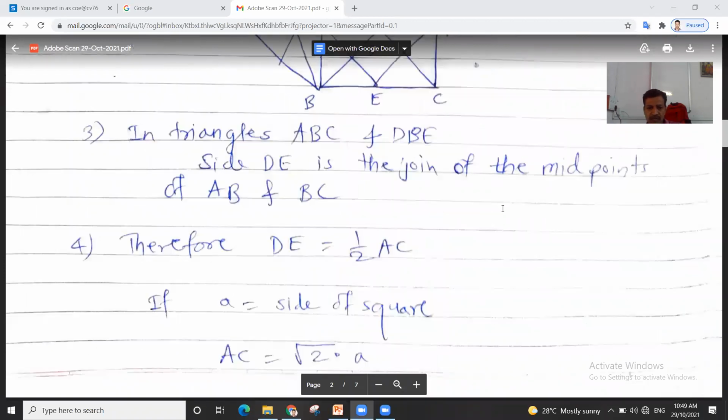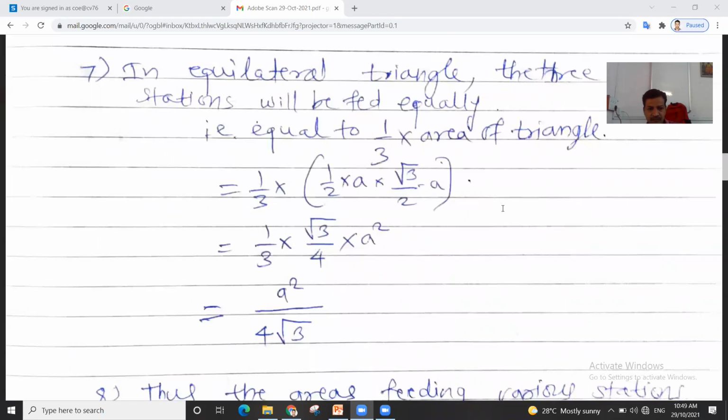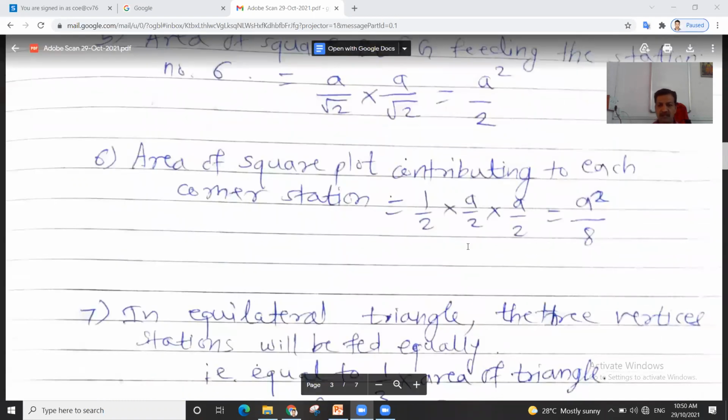Then we get the area of the square plot as a²/8.